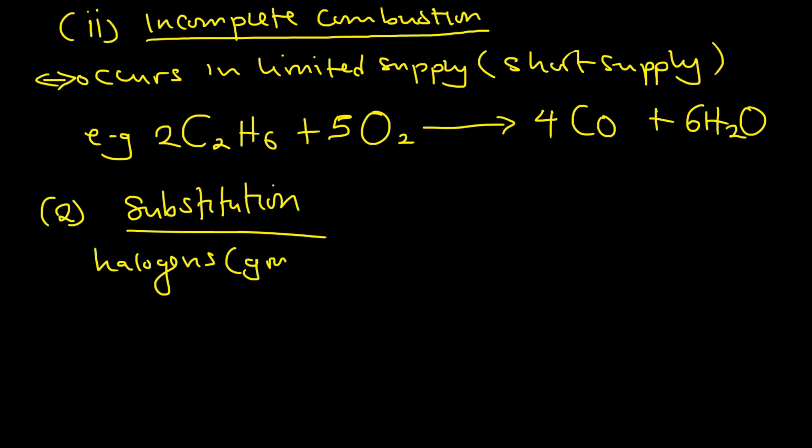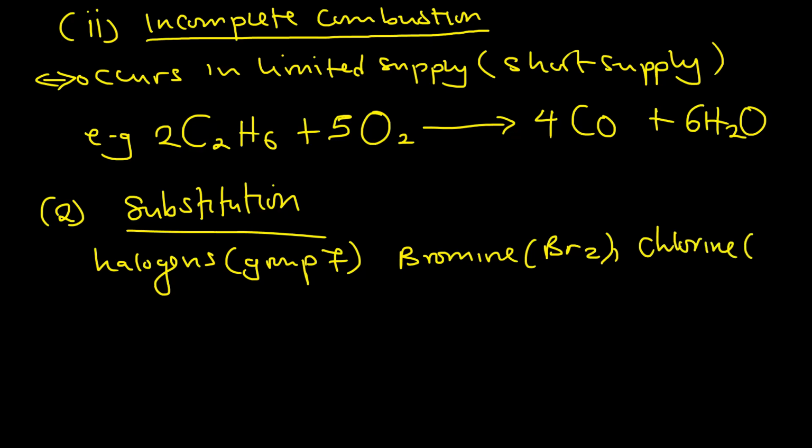Now, halogens, you just know that this is the special name for group 7 elements. Examples of these group 7 elements are bromine, written like this, and also chlorine, which is written like this. So they undergo substitution. In other words, the group 7 element can substitute the hydrogen in the alkane and take its position.